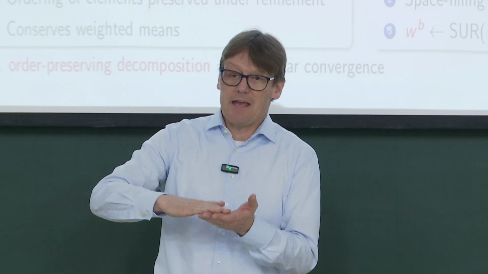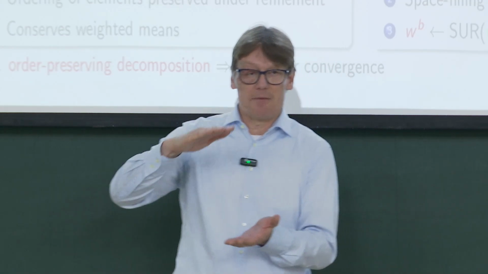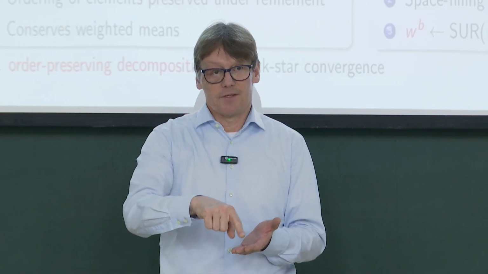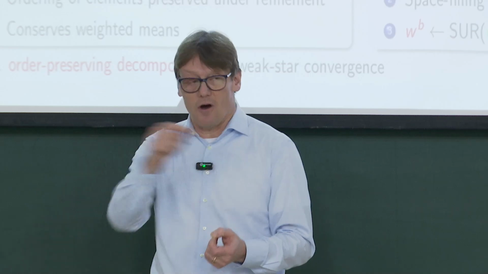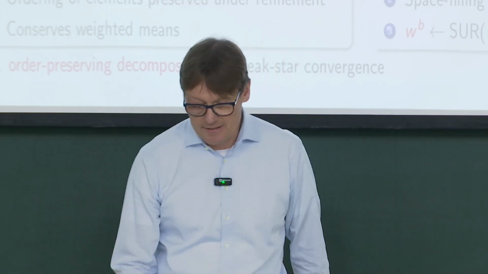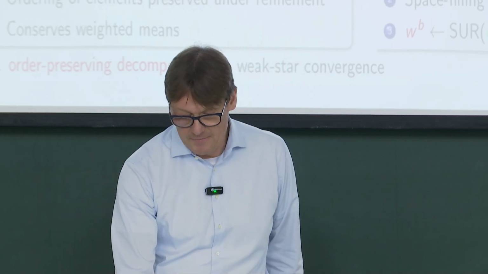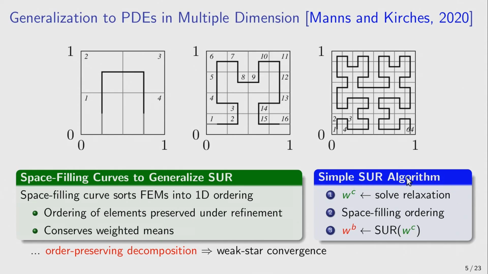You get the amount of controls that you have in each element, and then you use one of those orderings and do the rounding on that ordering, and you still get convergence. So this is a very simple sum-up rounding approach. I solve my relaxation, I then follow the space-filling ordering to do the sum-up rounding, and I have a solution.